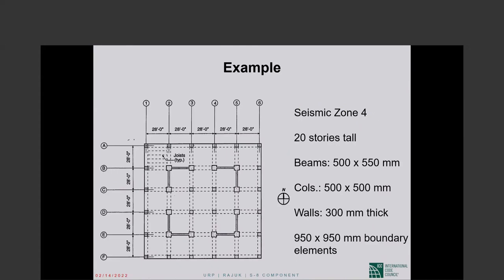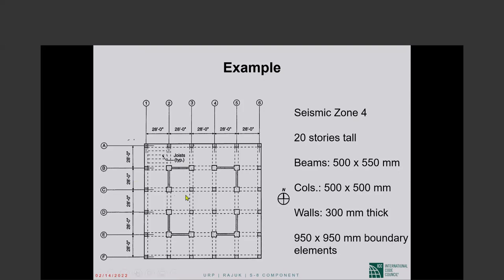You see the building: the shear walls are L-shaped shear walls with boundary elements as in the picture. The building is 20 stories tall. The beams are 20 by 22 inches. The columns are 20 by 20. The walls are 12 inches thick.